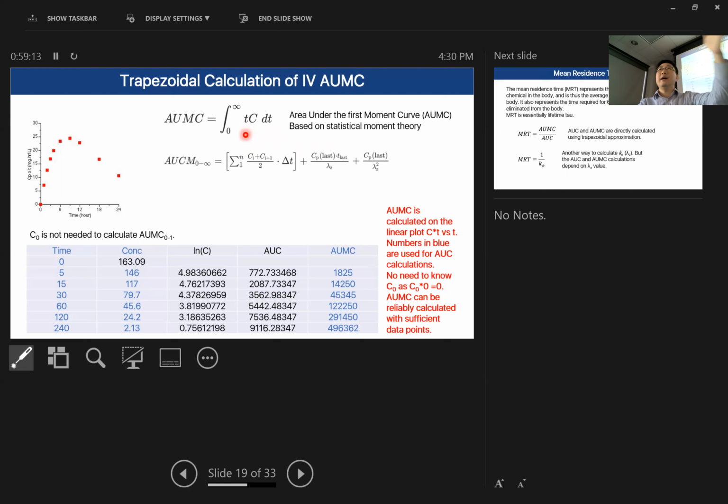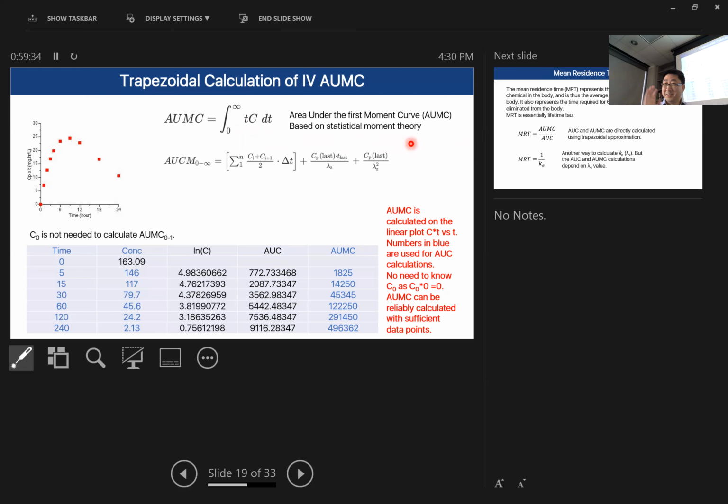You use the concentration multiplied by the time, then you plot against time. That's the AUMC. This is based on a theory called statistical moment theory. What it means, I don't know.